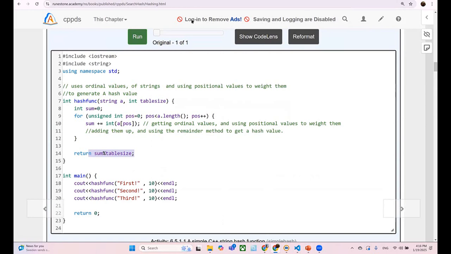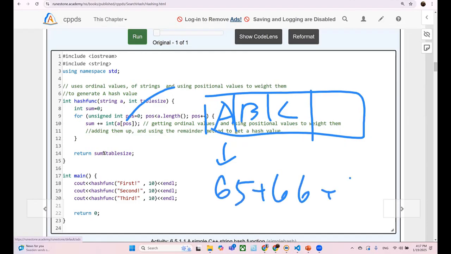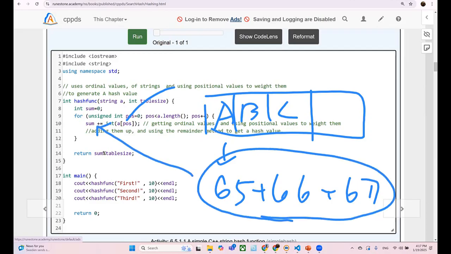You calculate the sum of each position of the integer. So basically, with ABC, the string is converted to integers, say 65 plus 66 plus 67. These numbers are grouped together as the sum, and then taken against the table size. Then you get the hash function. This is a very simple hashing.